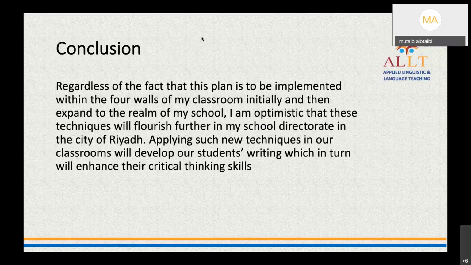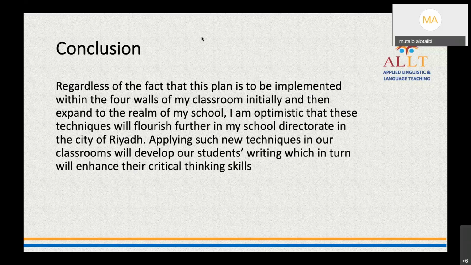Finally, in my conclusion, regardless of the fact that this plan is to be implemented within the four walls of my classroom initially, and then I will expand to the realm of my school.